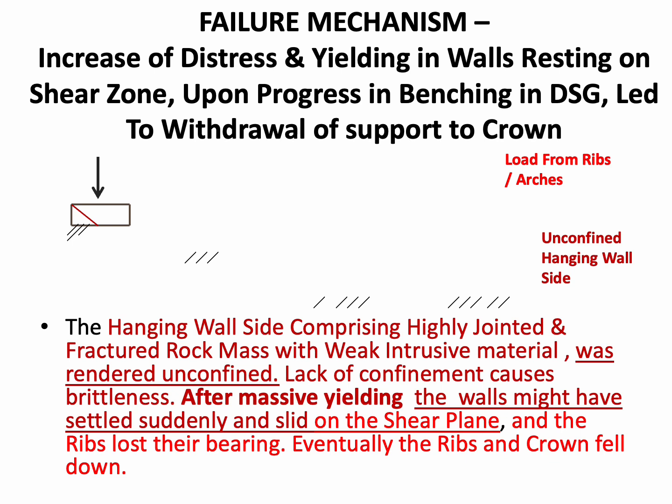So, if this is the rib resting on the wall which has a shear zone cutting it, as and when the hanging wall side, comprising highly jointed and fractured rock mass with weak intrusive material, was rendered unconfined, lack of confinement causes brittleness. After massive yielding, the walls might have settled suddenly and slid on the shear plane, and the ribs lost their bearing. Eventually, the ribs and the crown fell down.